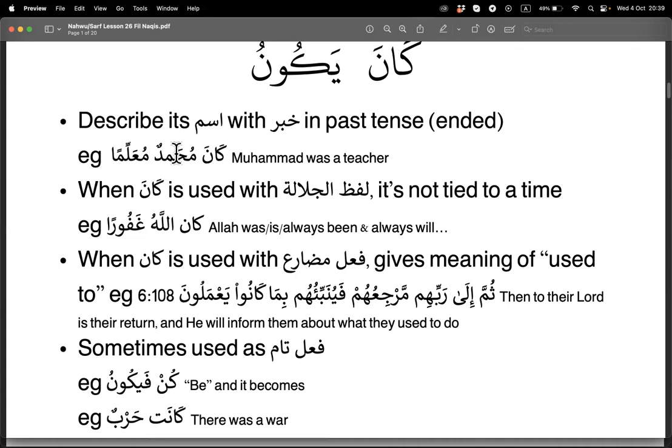Okay, so for example, here we have fayunabbi'uhum bima kanu ya'malun. Fayunabbi'uhum, we have a fi'il of what kind?